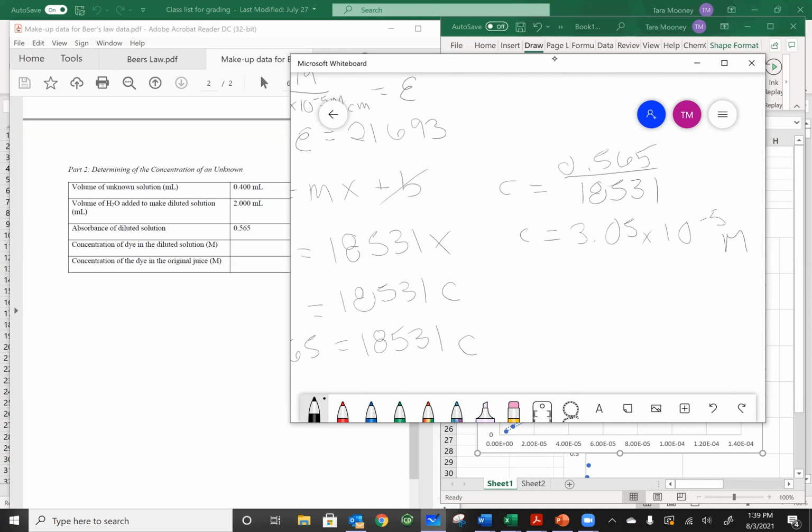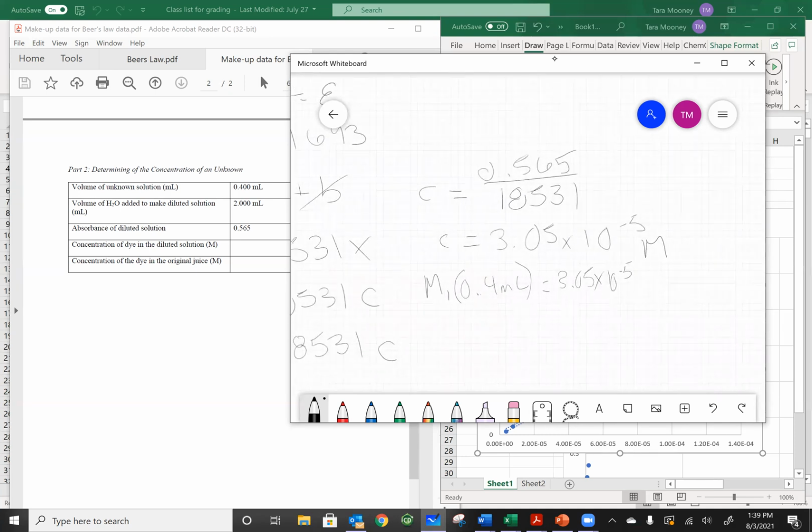So in order to make this dilution, we had M1 and we took 0.4 mL of it to make 3.05 times 10 to the minus 5 molar, for a total of a 4 milliliter solution.